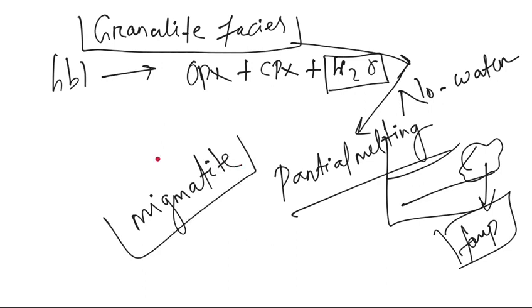Because due to the high presence of water, that water will decrease the melting temperature of the rocks, and that water will be used in the formation of partially melted rocks, or in the process of anatexis. So the water will be used there. That's why granulite facies is an anhydrous facies. All the water is used in the formation of migmatite.